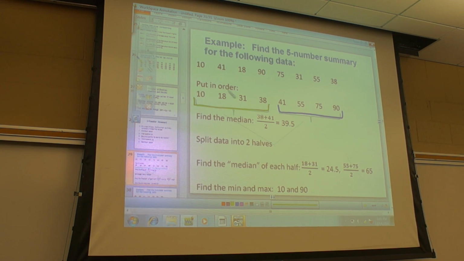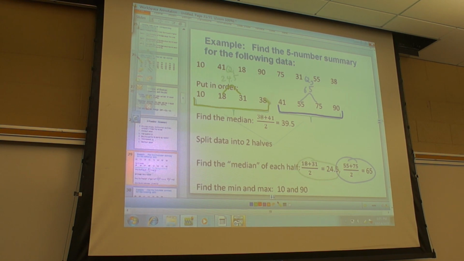Find the median of the lower half. So 18 plus 31 divided by 2. Average those two, I get 24.5. That's my Q1. Then I'm going to take these two numbers, 55 and 75, average them. I'll get 65. That's my Q3.